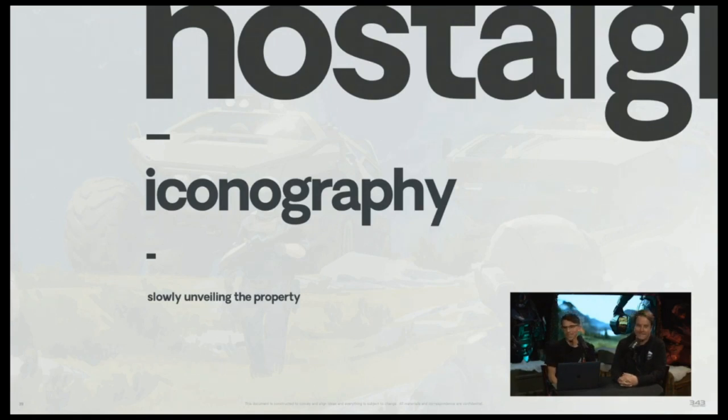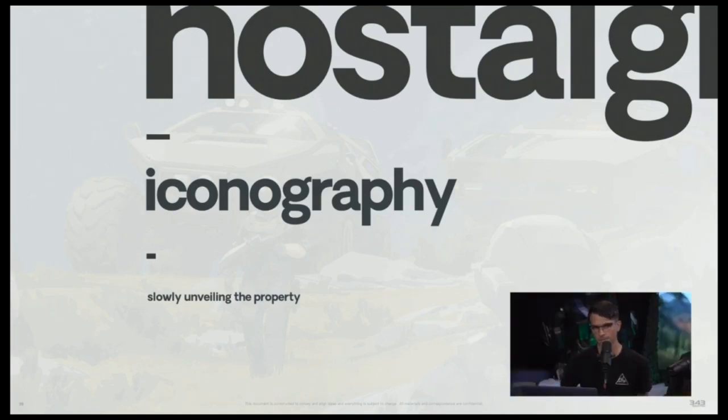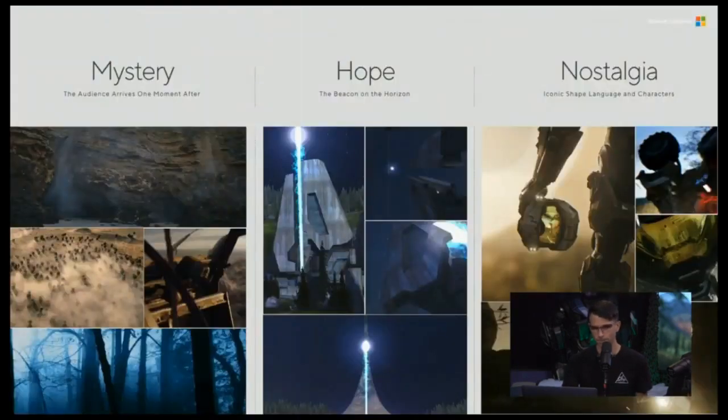Okay, cool. So the next element that we wanted to weave into this trailer was nostalgia, which is largely just unveiling the Halo property slowly over time through iconography, certain languages of form and things like that. So we had mystery, hope, and nostalgia as 3 pillars of this trailer.